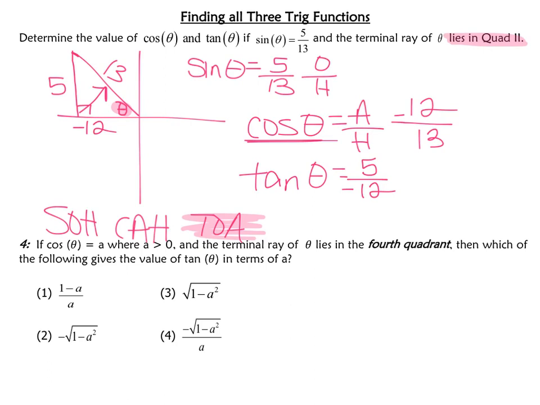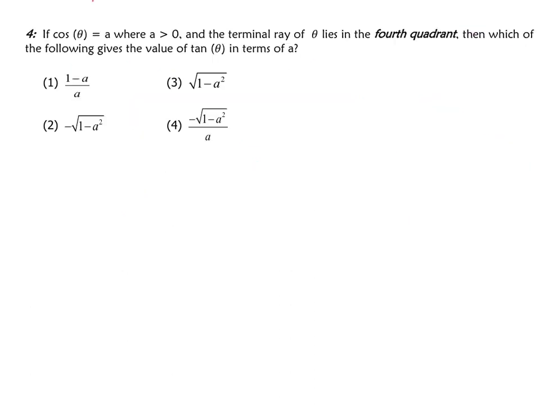Now, if I was going to do the sine divided by the cosine, I would have 5/13 divided by -12/13. And reminder that the 2 denominators would cancel, and you would end up with 5/12, which is the same exact answer.